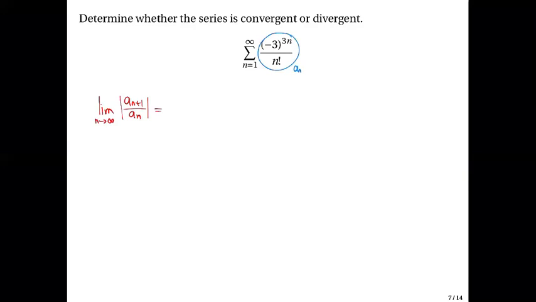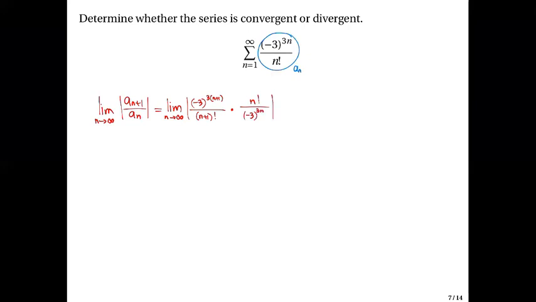But this will just be what? The limit as n approaches plus infinity of the absolute value of a sub n plus 1. So you replace n by n plus 1. So you will have (-3)^(3(n+1)) divided by (n+1) factorial, and then times the reciprocal of a sub n. This means you will have n factorial divided by (-3)^(3n).